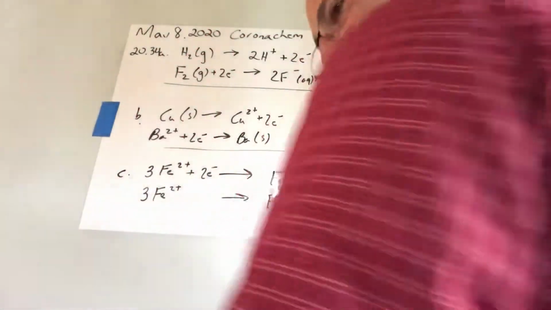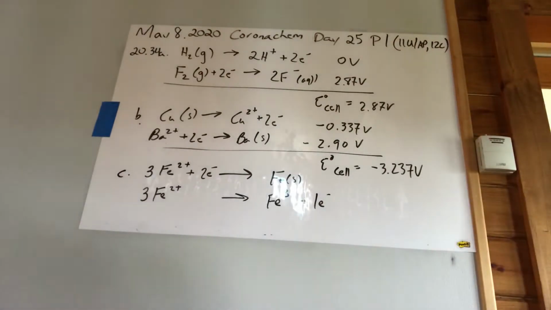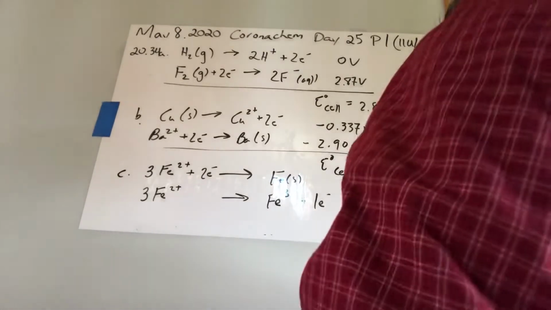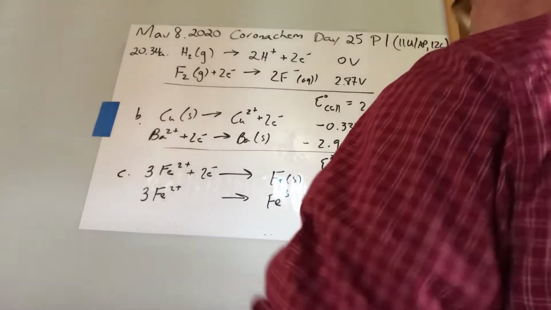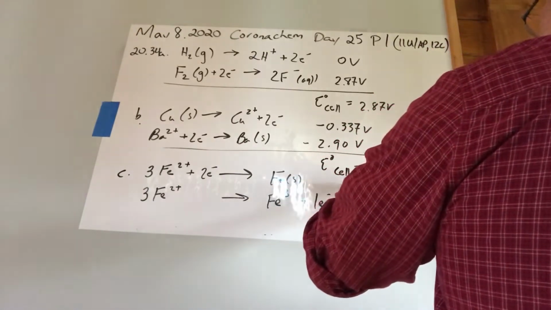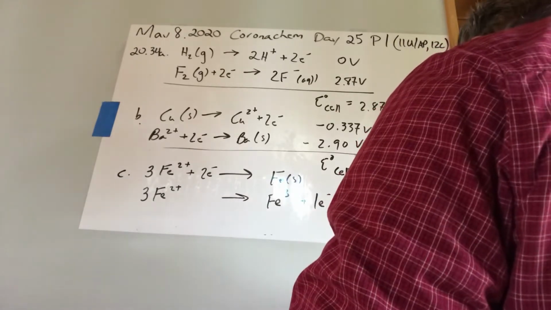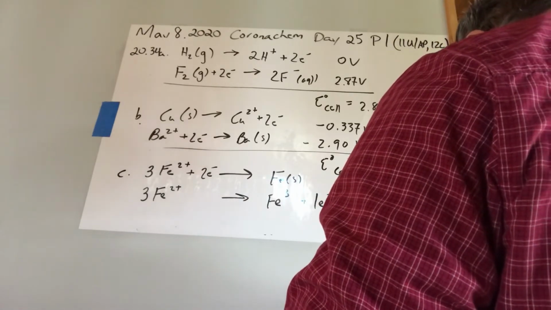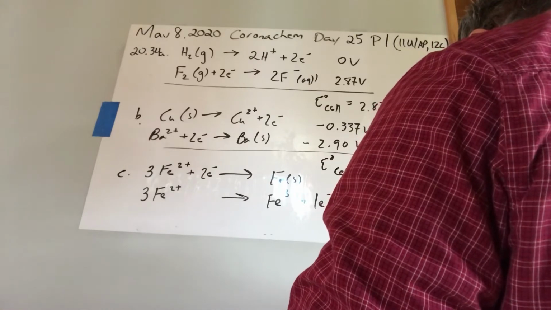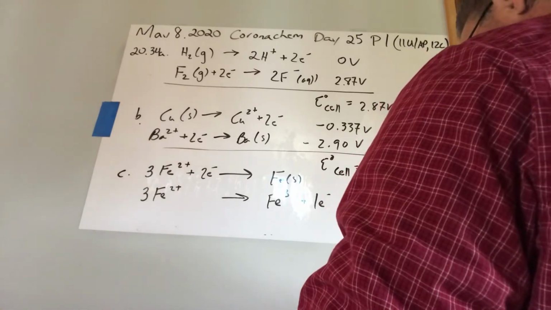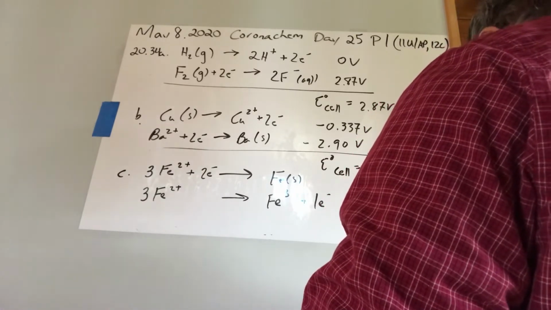Now let's look up the cell potentials for both of those. So Fe being reduced will be negative 0.440 volts, and iron being further oxidized from 2 to 3 will be negative 0.771, because we have it written as reduction potential in the textbook.